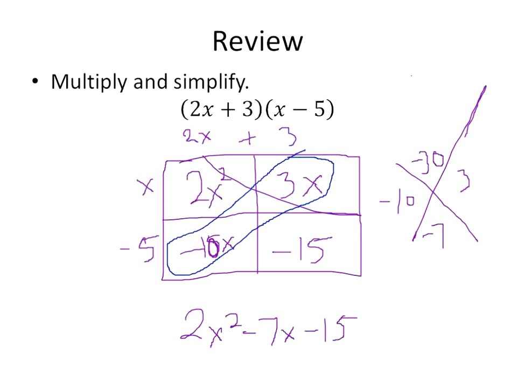You notice. Negative 10 and 3. Where did the negative 10 and 3 come from? From the diamond problem.